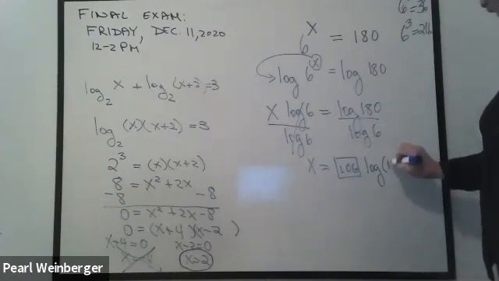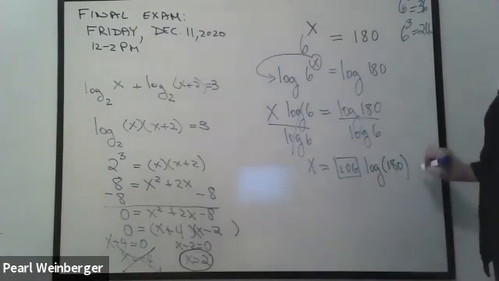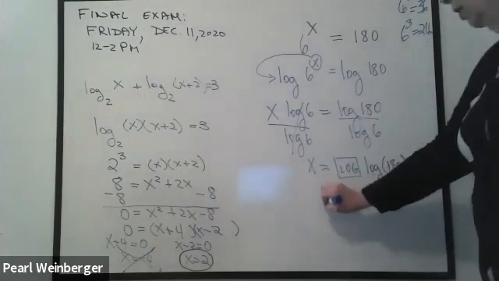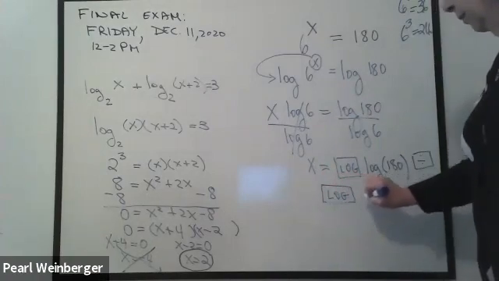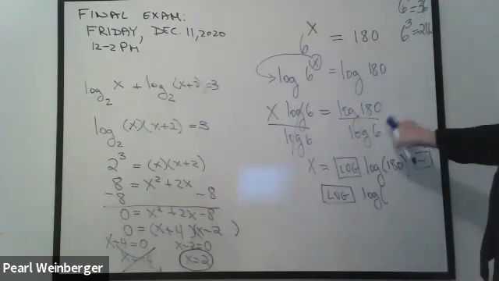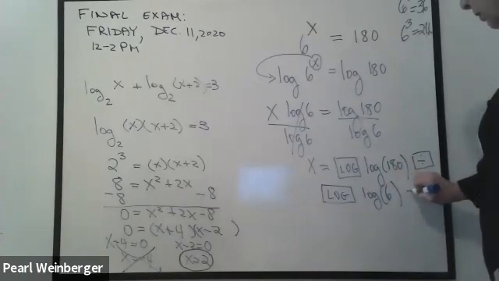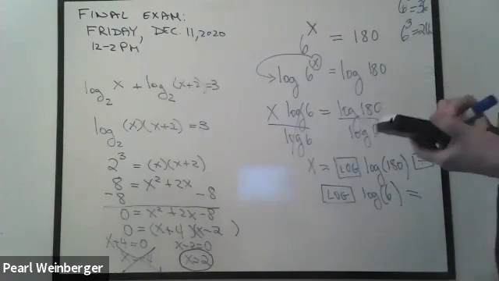You put in the number 180. Close that parenthesis. Press your divide button and press your log button again. And again, it'll pop up the word log with a parenthesis. You put in the 6 and close that parenthesis and press either the equal or the enter, whatever it is. So let's do that.